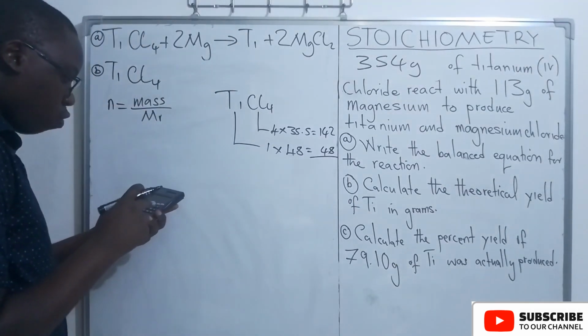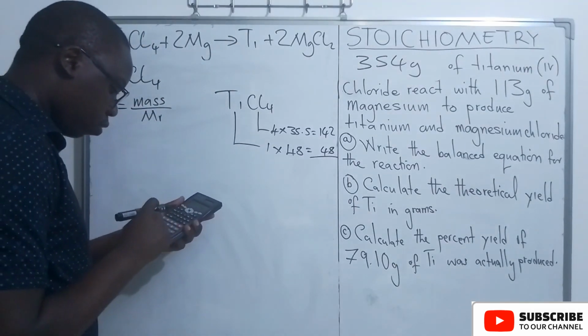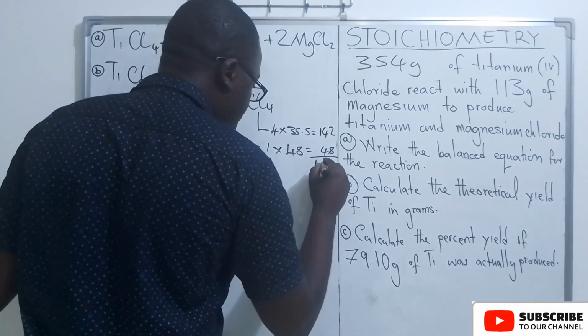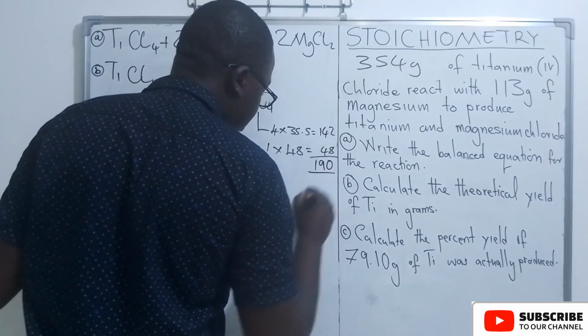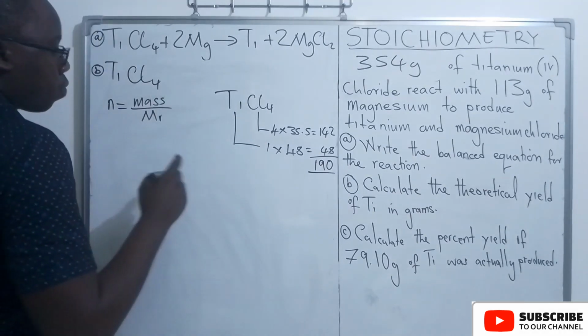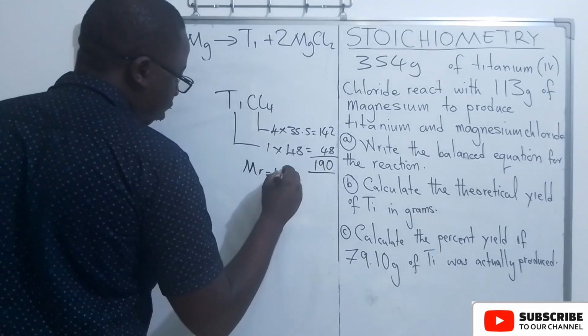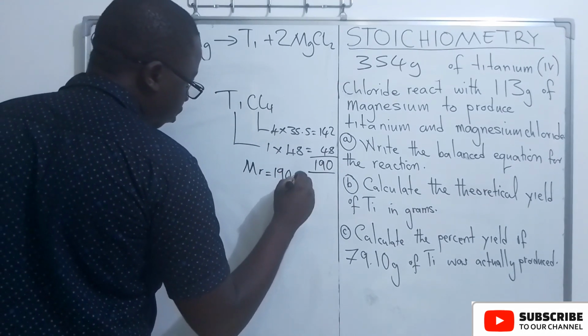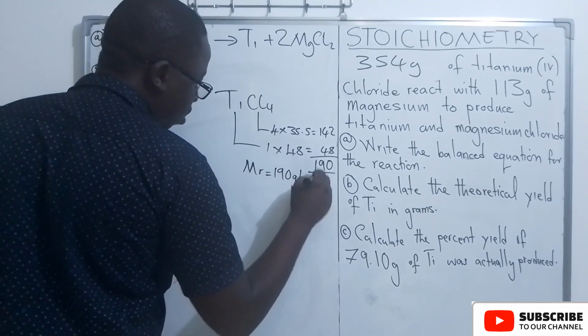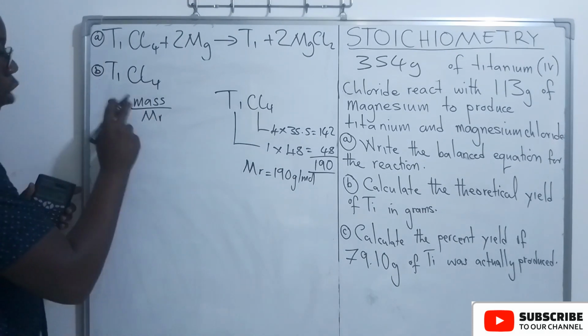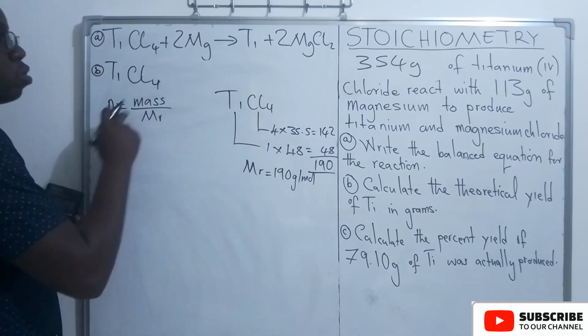When you add 142 plus 48, it is equal to 190 grams per mole. So the molar mass we have is 190 grams per mole.